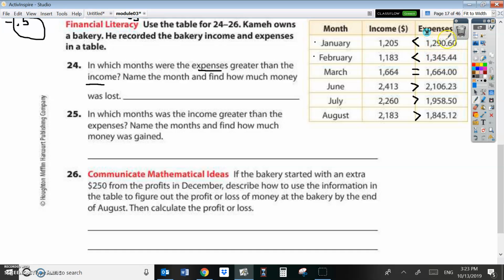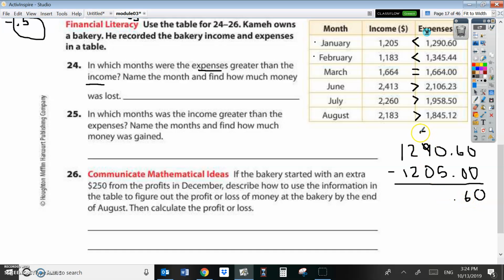So we need to do January expenses minus income. $60 minus, 8 there, borrow, make that a 10, subtract, get 5, get 8, 0, 0. January is 85.60.